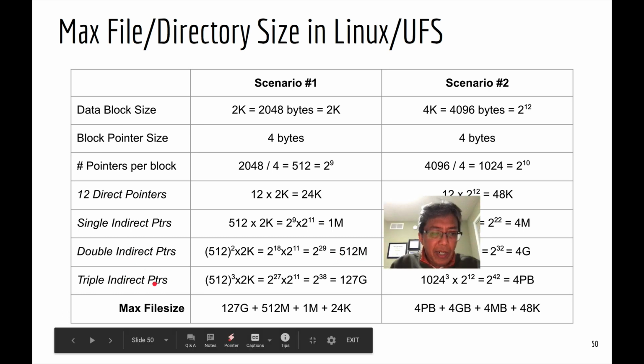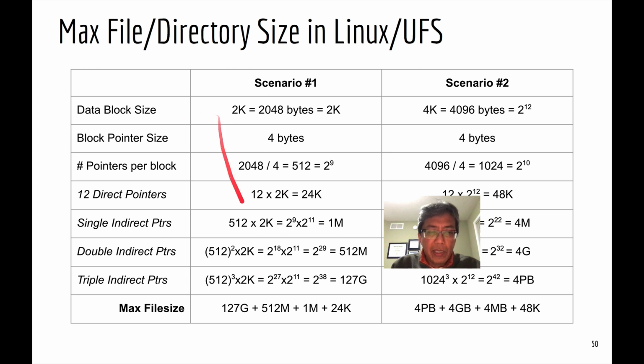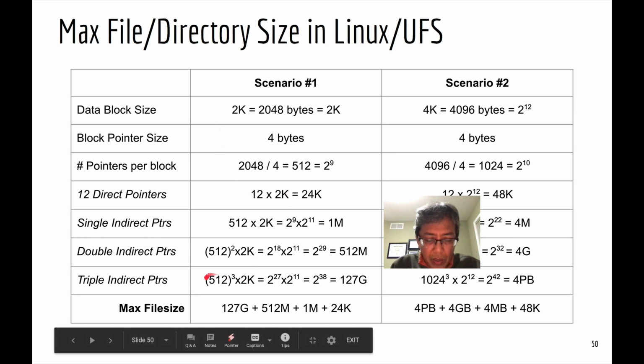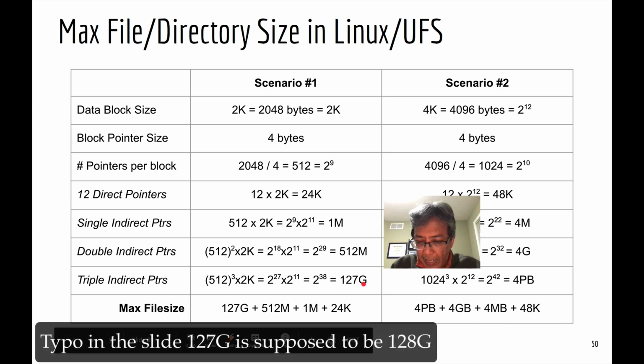And from the triple indirect pointers, you'll be able to get as many as 512 cubed blocks. If you multiply by the block size, you will get 2 to the power of 27 from the first number, 2 to the power of 11 from here, and the product is 2 to the power of 38, and that is equivalent to 128 gig.